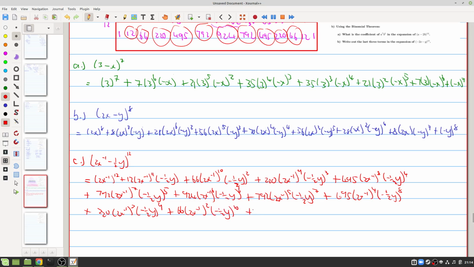Two more terms to go, so plus 12, 12, first term to the power 1, and then second term to the power 11, and finally plus 1 times the first term to the power 0, which is also 1, and then our second term to the power 12.